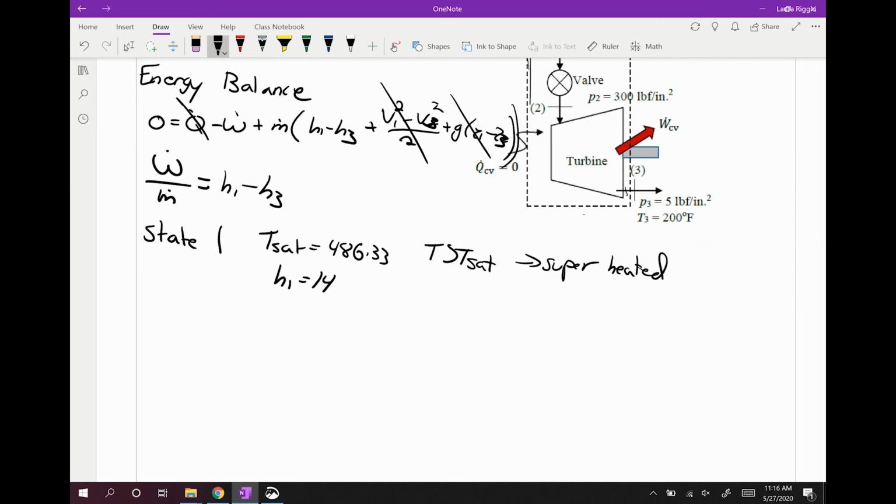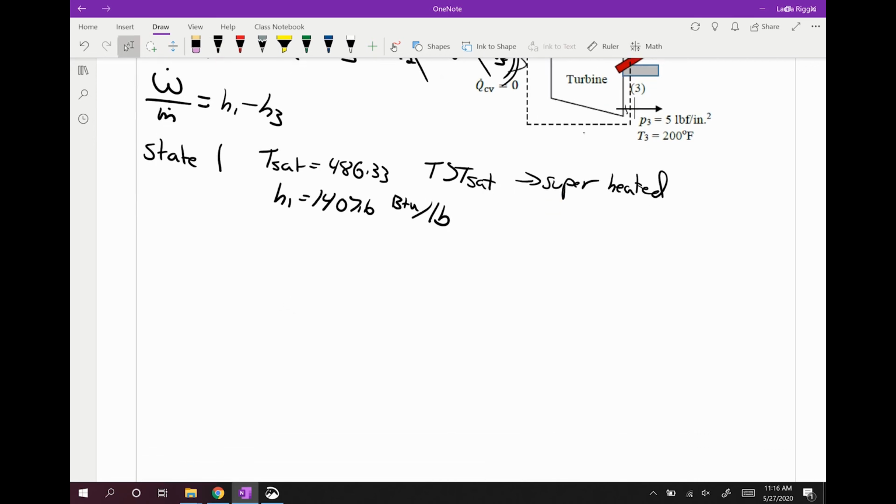H1 is equal to 1407.6, and for state 3, we have T sat is equal to 170.3.